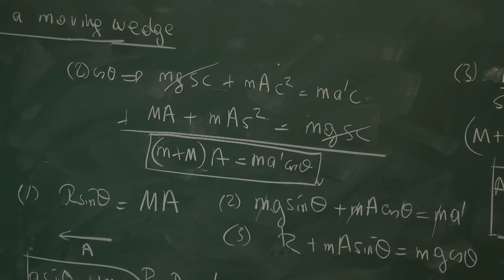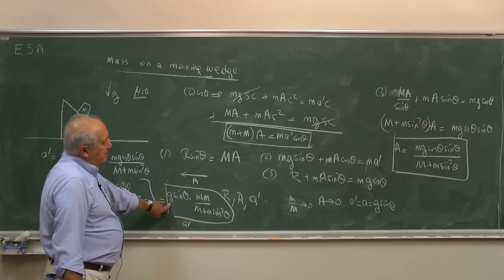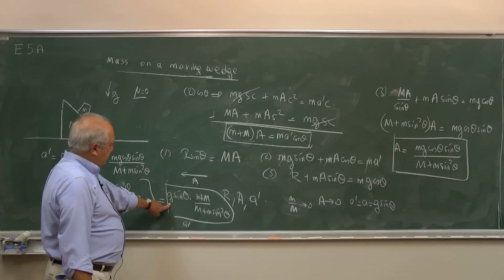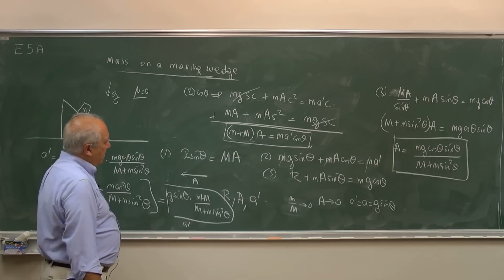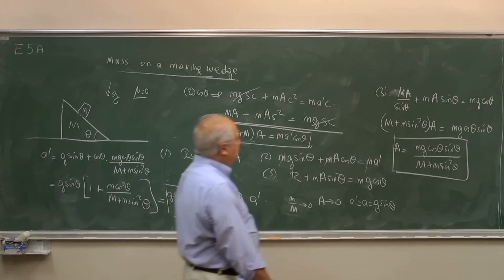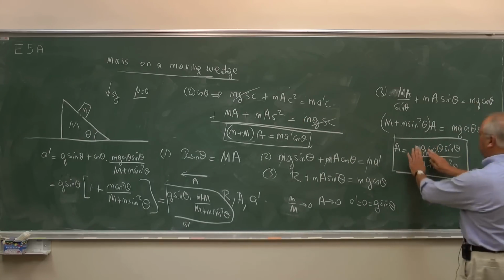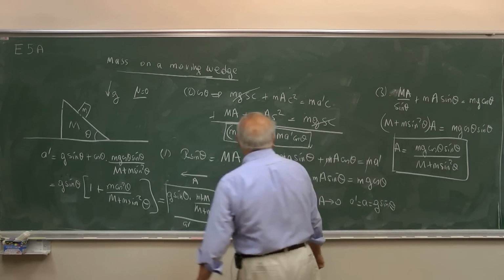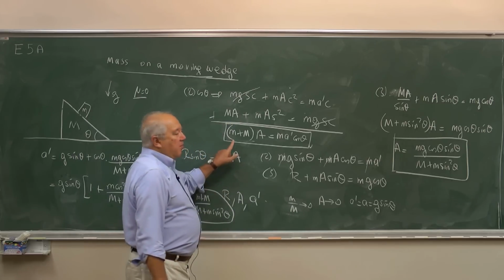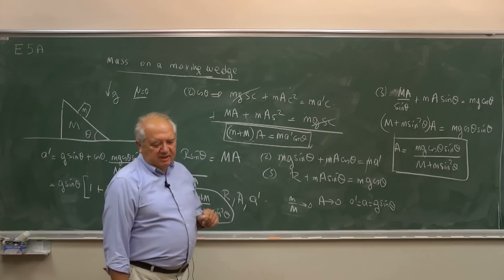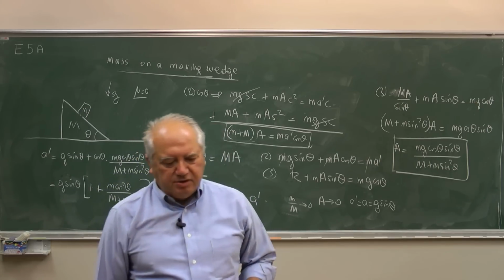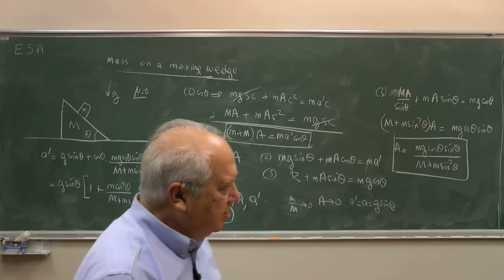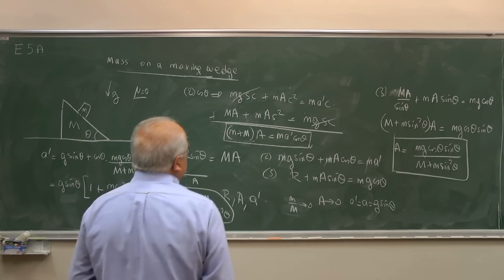If you notice, this checks, right? Divide by m cosine theta, we have g sine theta, and multiply by m plus m, we get this result. So far, you had studied in your lectures in the course kinematics and Newton's second law.